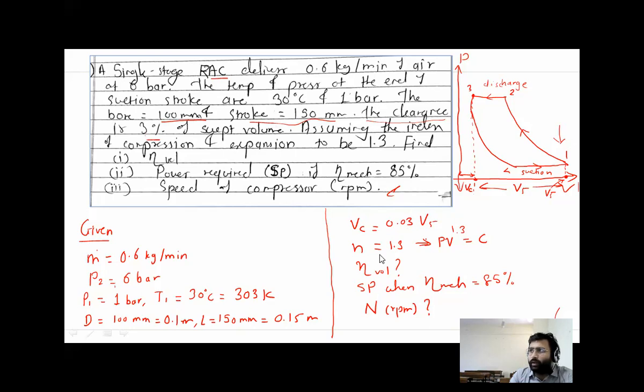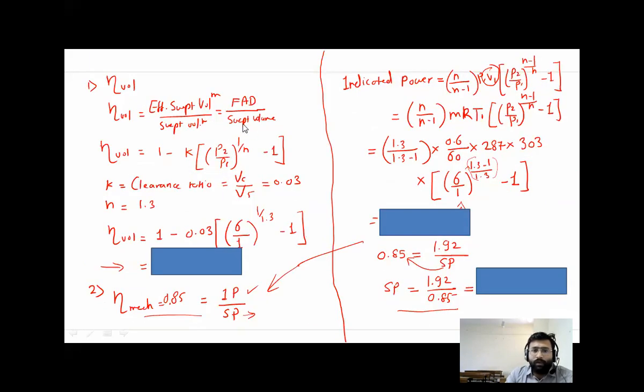So you cannot go with that first formula.